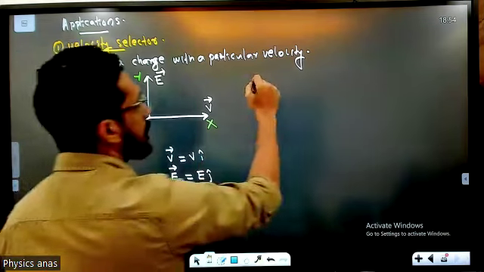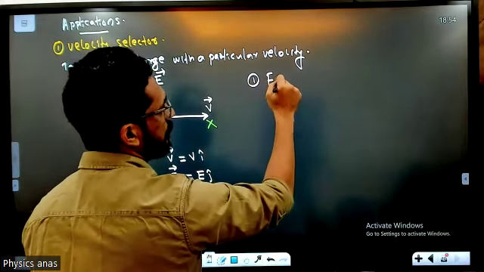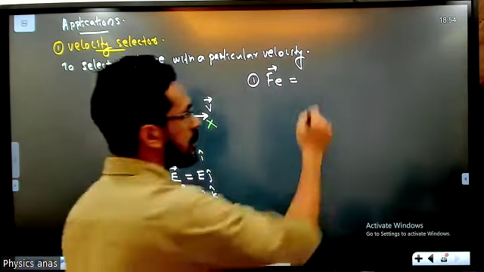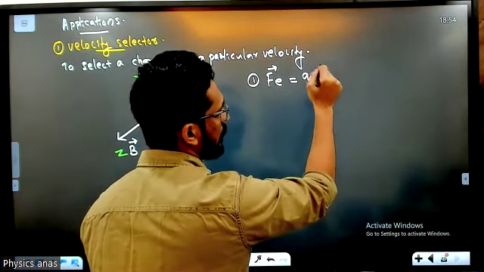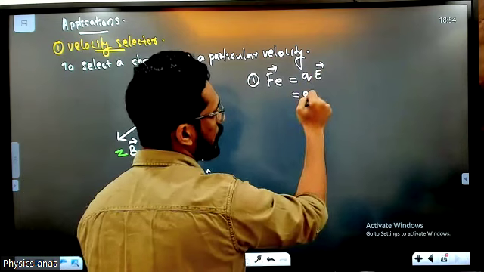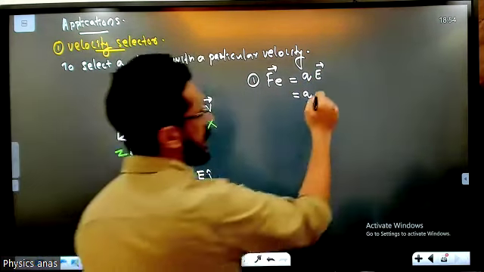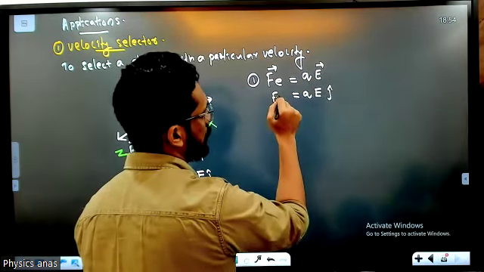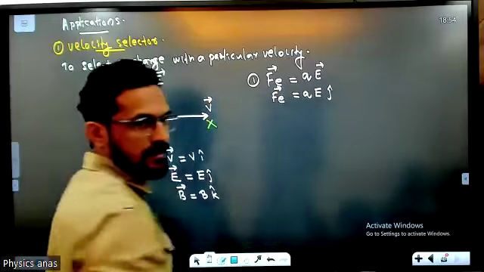Let's find the electric Lorentz force, Fe. What is the electric Lorentz force? Q into E, that is Q into E j cap. That is Fe. Got it?